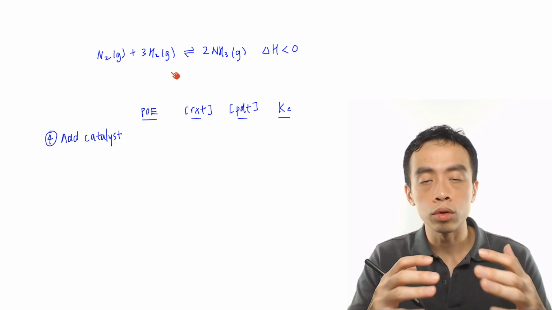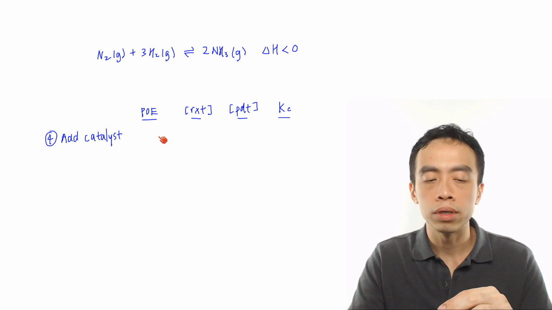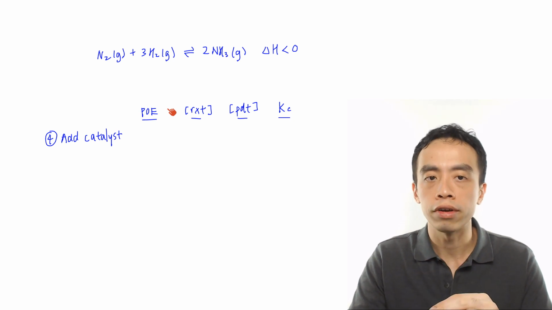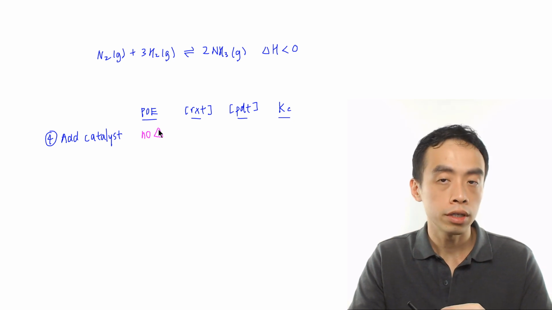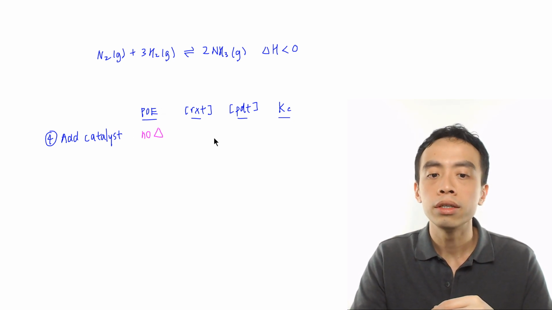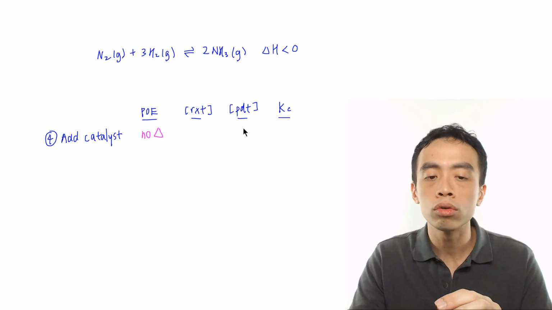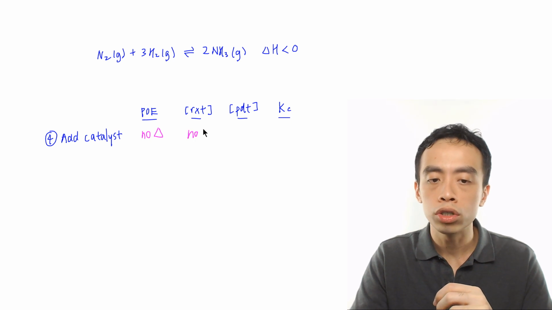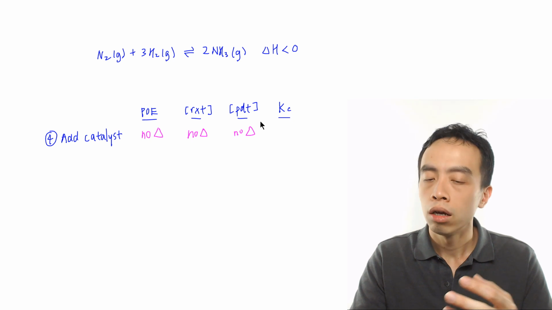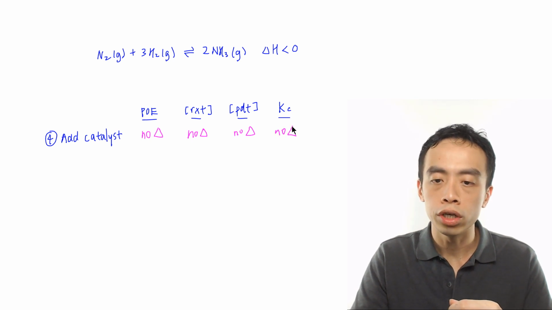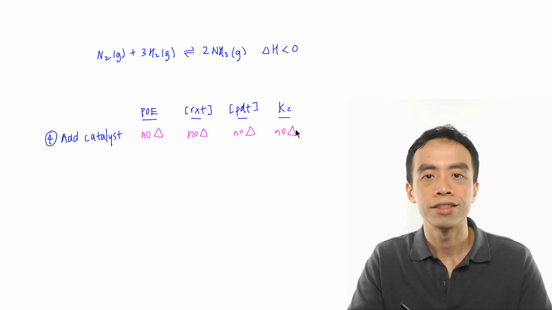That means I'll attain equilibrium more quickly, but the position of the equilibrium is not affected. So in this case, the position of the equilibrium is not affected, and because there's no shift in POE, the rest of these terms will also not be affected. There will be no change in the concentration of reactant, no change in the concentration of the product. Obviously, I wouldn't expect any change in the Kc expression.